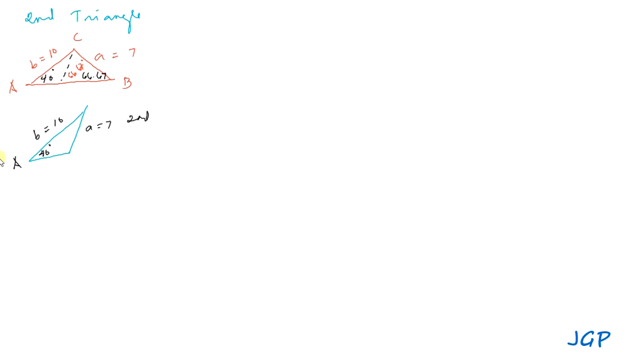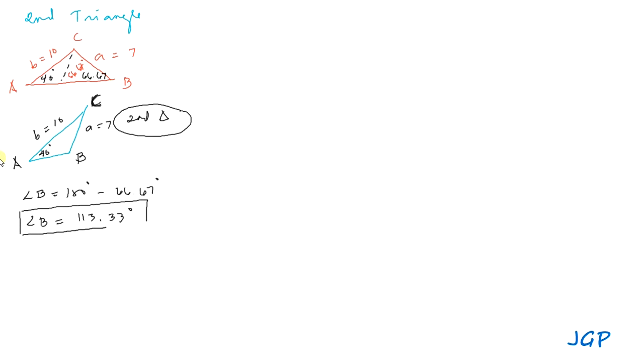This one is our angle B, and this one is our angle C. To get angle B, we have 180 degrees minus 66.67 degrees. Your angle B for the second triangle is equal to 113.33 degrees.